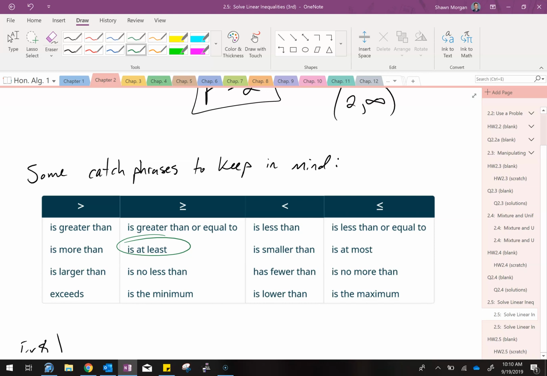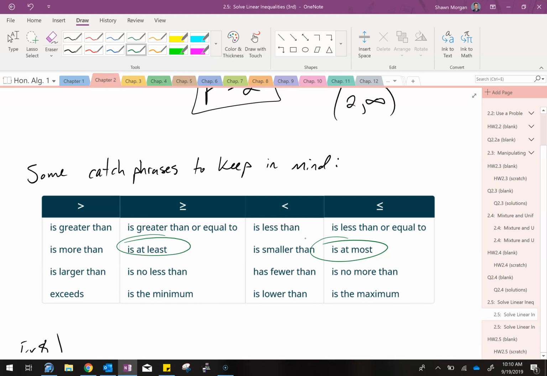Then that means as long as the amount of money in the account is greater than or equal to 100, I'm solid, okay? So that idea of being at least or at most, we'll see these expressions in word problems, and they just need to be translated into inequalities.